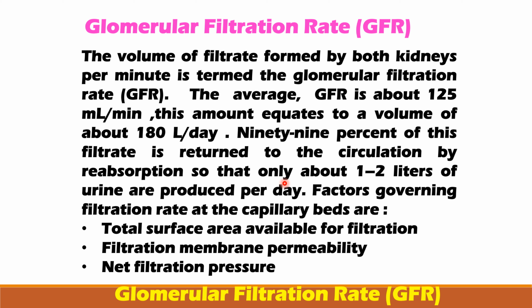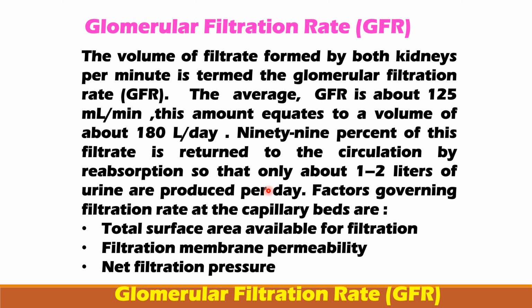The factors which govern the filtration rate at the capillary beds are, first, the total surface area available for filtration, and this is a normal physiological fact. The larger the surface area, the more the filtration, and as you know, the glomerular surface area is very large. The second factor is the membrane permeability: the greater the permeability, the more the amount of substance filtered.